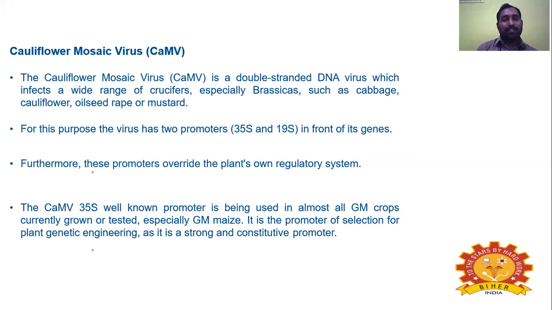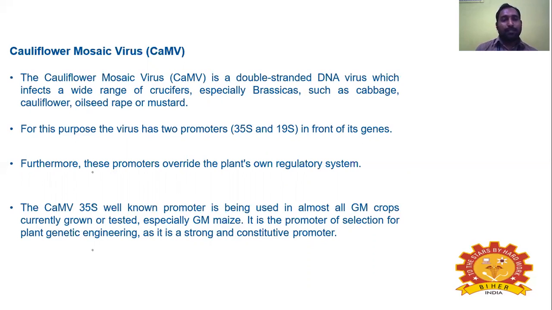These are the plants which will be easily affected by this virus. This virus has two promoters, the 35S and 19S, in front of its genes. Those promoters override the plant's own regulatory system, so it can control the plant system itself. So it will have more expression when compared with other viral vectors.